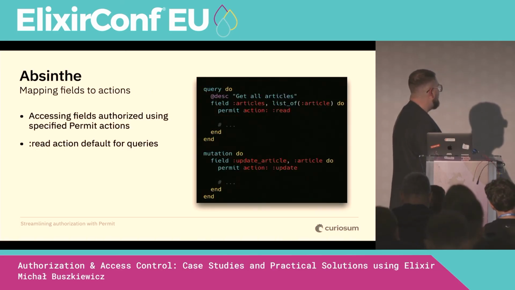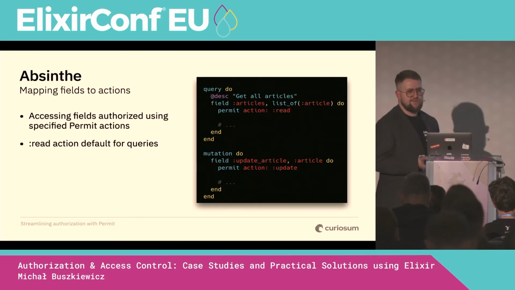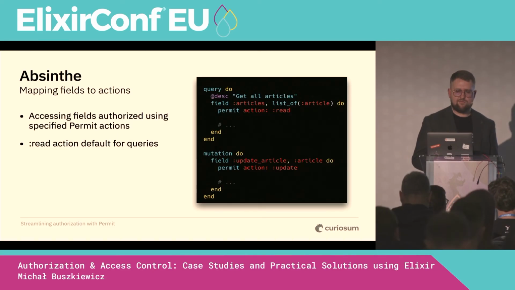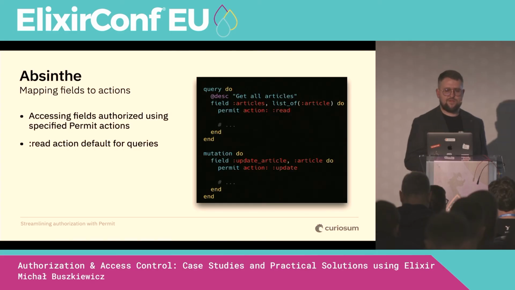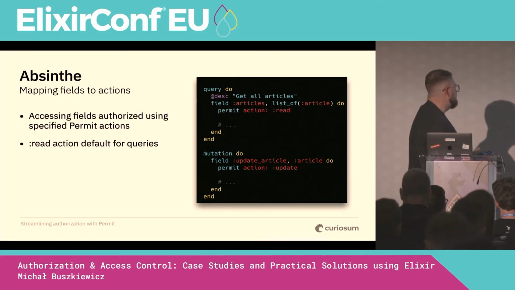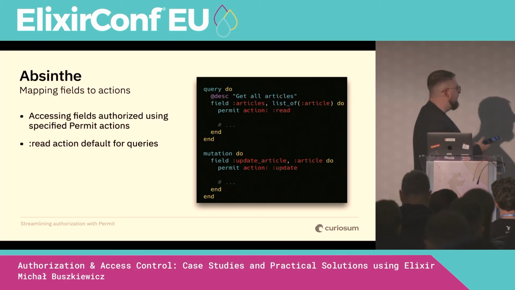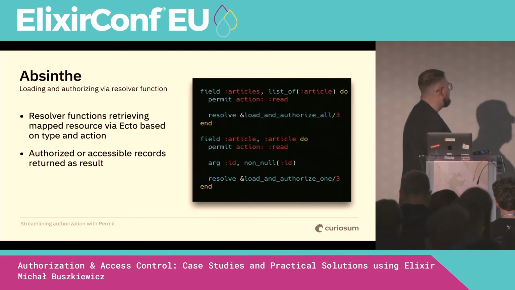And then we map fields to actions in both queries and mutations. And most of the time, mapping query fields to actions is going to be about specifying the read action. But for mutations, it's going to be a variety of different stuff. So in this case, the update article mutation is mapped to the update action from Permit.